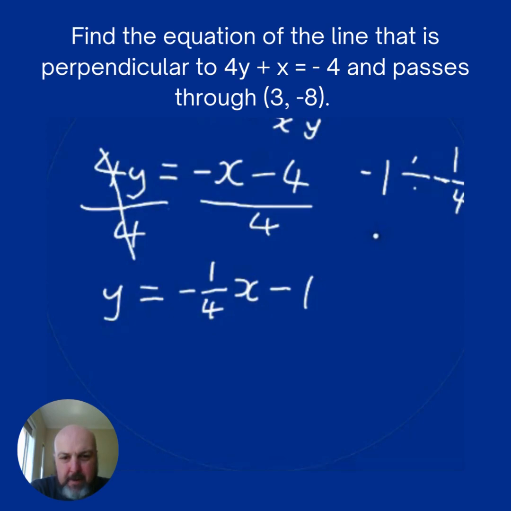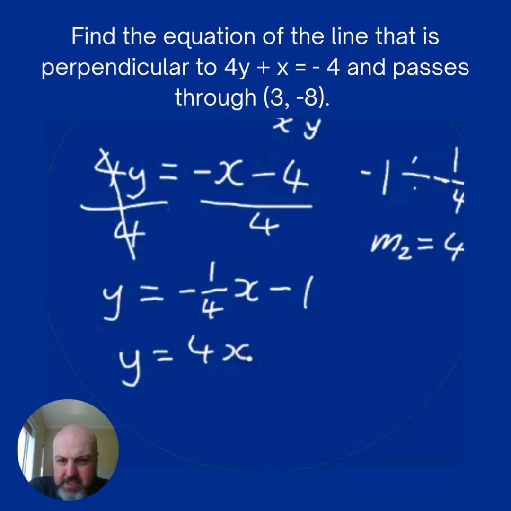So that's going to become positive 4. So the gradient of the perpendicular line will equal positive 4. If you put that in the calculator, negative 1 divided by negative 1/4, you end up with positive 4. So this equation is going to be y equals 4x plus c.